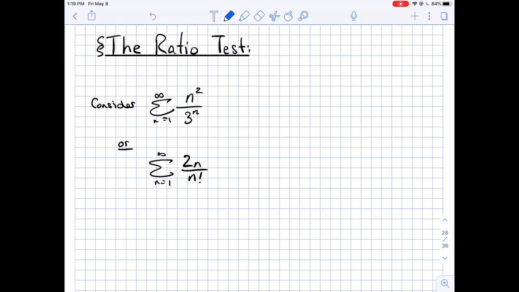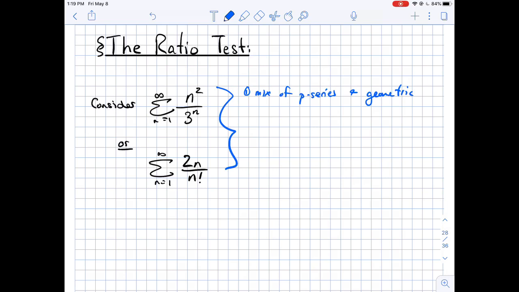The mix of these two together is what makes it so I can't really use the comparison test easily here, because I have a mix of both a p-series and a geometric series. So that's one thing that would give me a hint as to trying the ratio test.